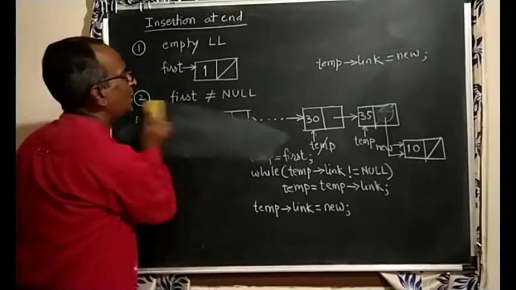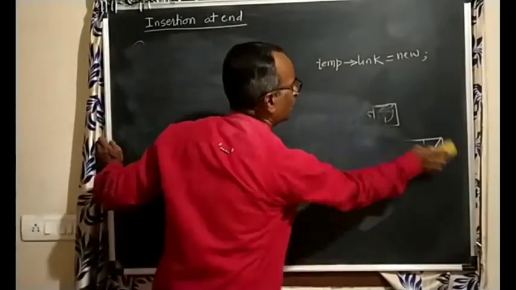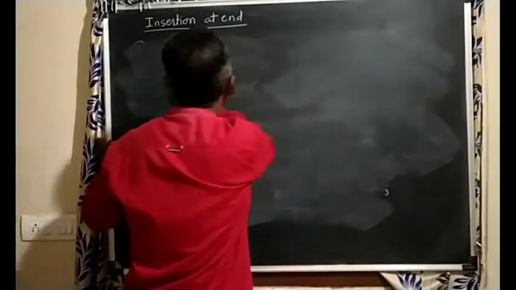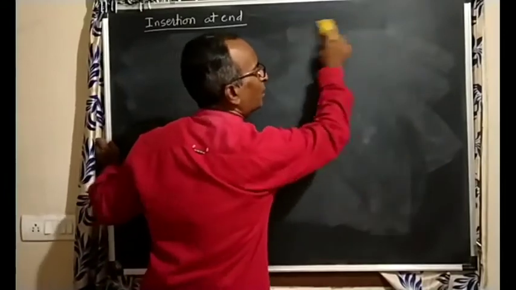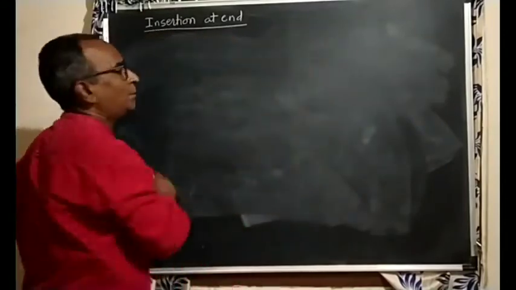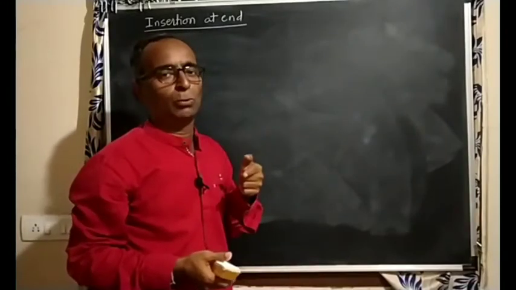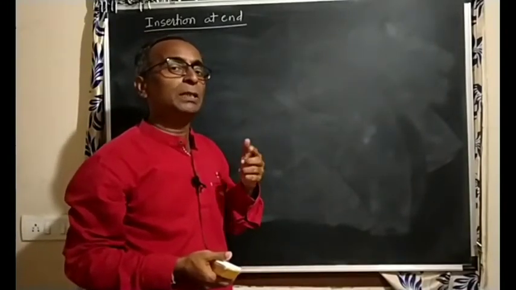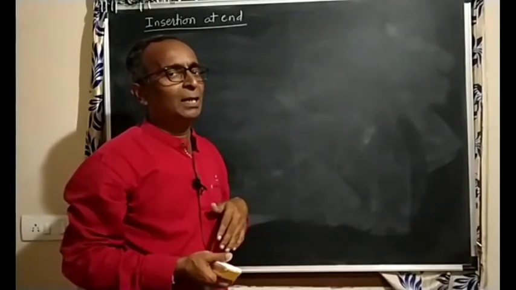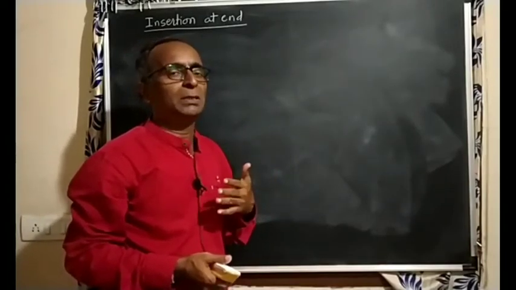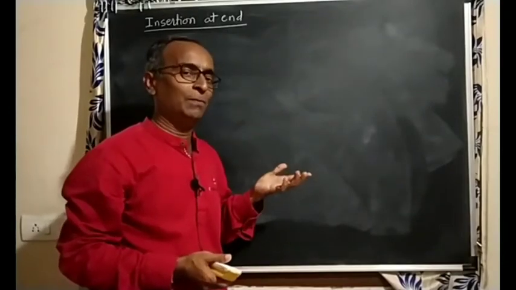So this is a general thing that we do in insertion at end. So we will write a function for this. How to write the function? Earlier in insertion at beginning, what I assumed was that first, the pointer to the first node, is a local variable, local to main. Now how can we do this if we assume first as global?